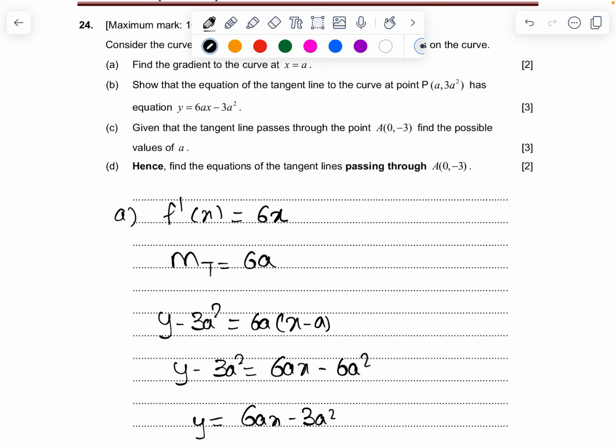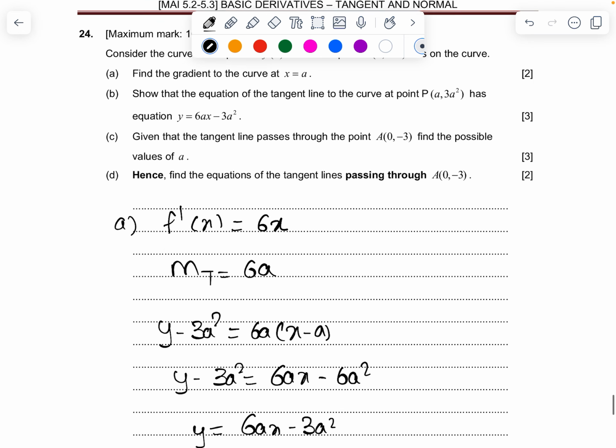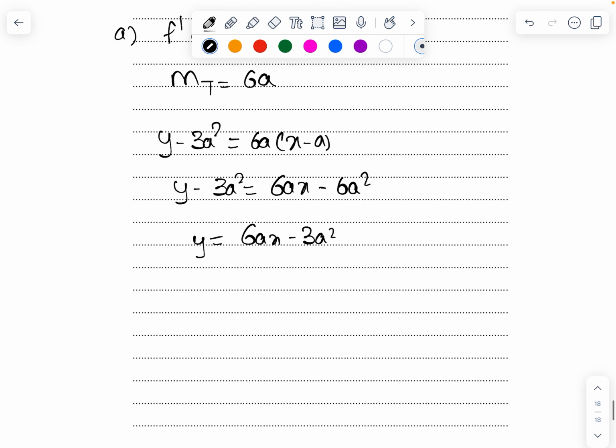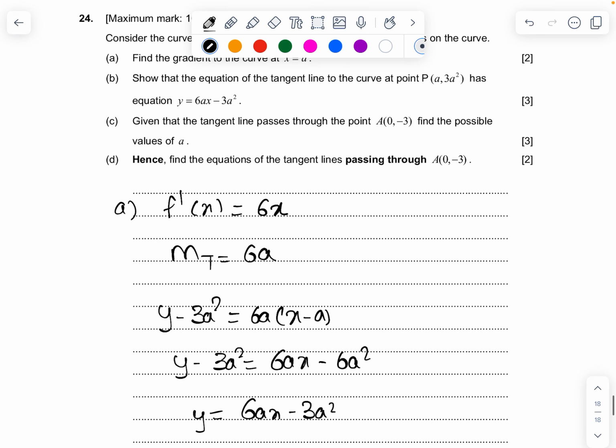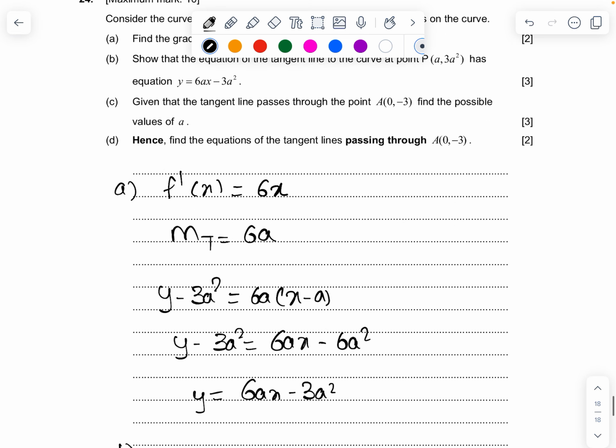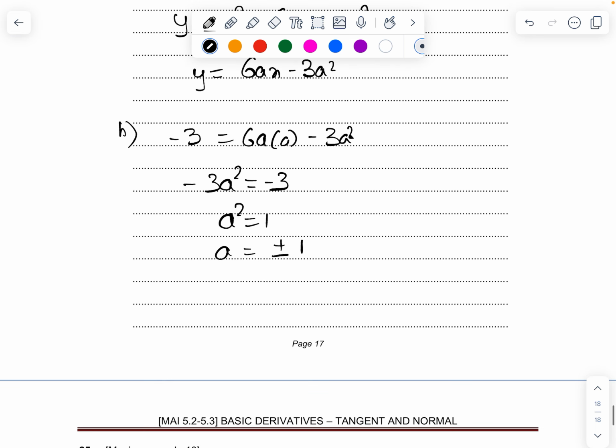Given that the tangent passes through 0, 3, find the possible values of a. So negative 3 equals 6a times 0 minus 3a squared. Negative 3a squared equals negative 3, a squared equals 1, a equals plus or minus 1. Hence find the equation of the tangents at 0, 3.